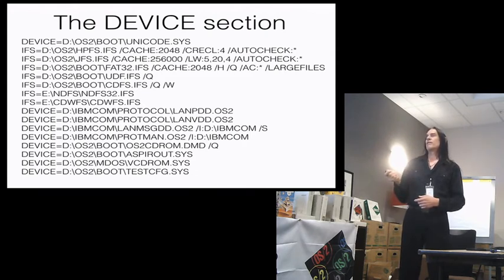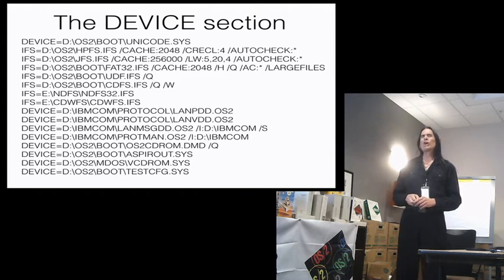Any of your stuff that starts with a V is like a virtual driver for DOS emulation. And you can kind of tell because it's in the MDOS directory. The test config driver is usually used at installation time, for testing various parts of the system when you want to install things.